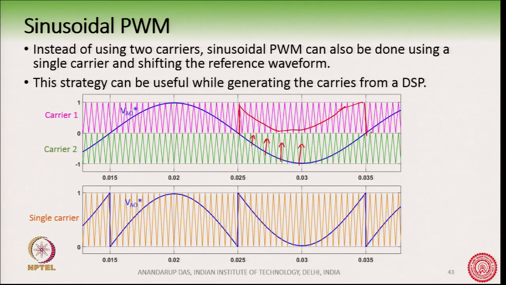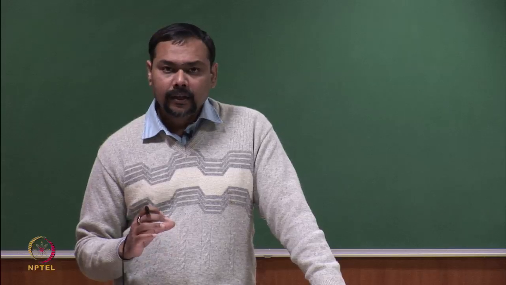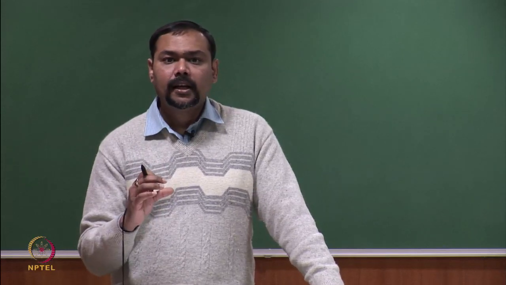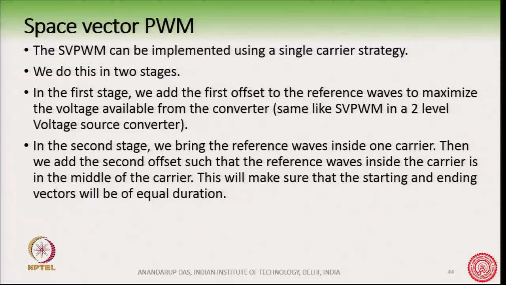And then I will follow the waveform like this. So, this is the waveform after shifting. I shift the whole waveform upward inside one carrier, but I have to remember that I have shifted the carrier. So, this is how sinusoidal PWM can also be implemented through a single carrier where the reference waveform is shifted and brought inside one carrier.